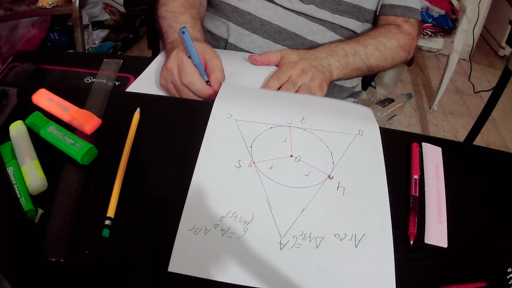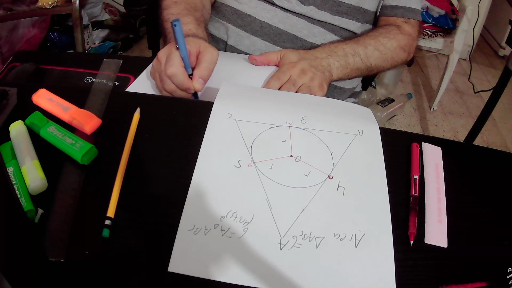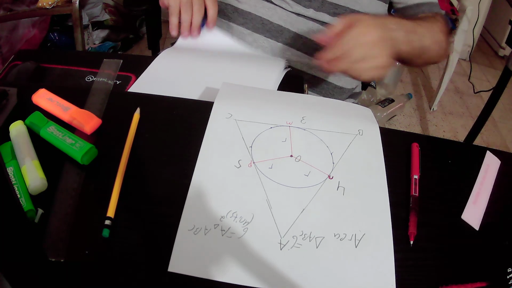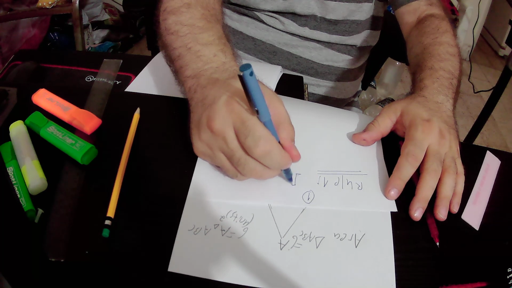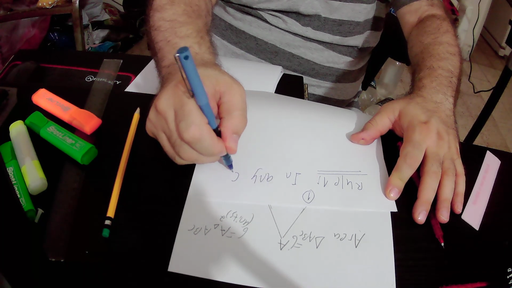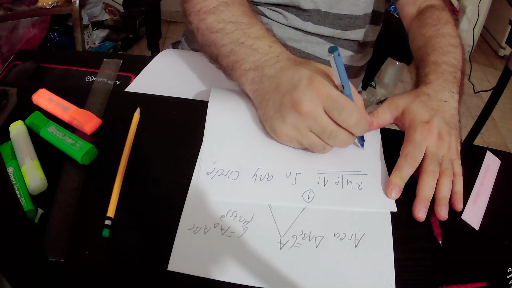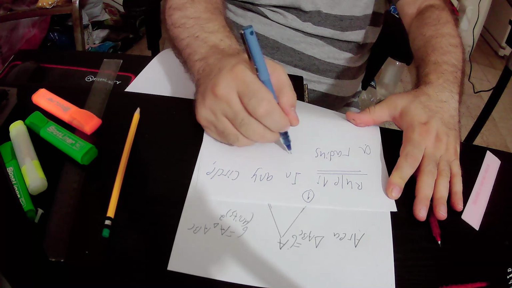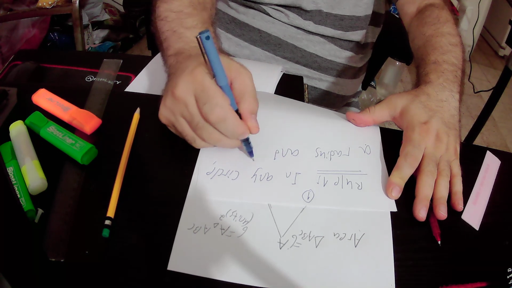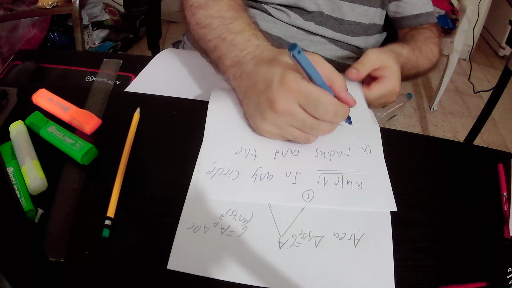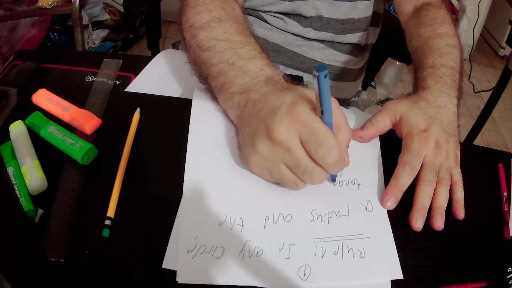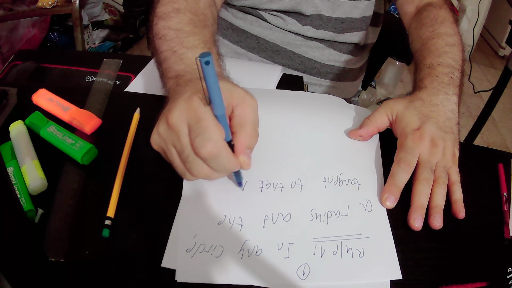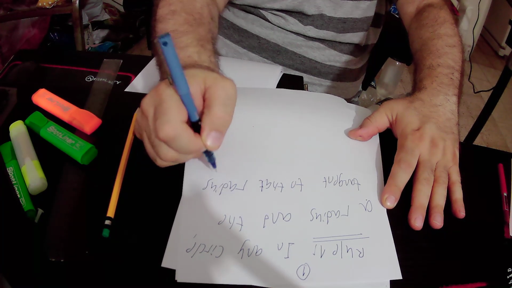And rule number 1 states that in any circle a radius and the tangent to that radius are perpendicular to each other.